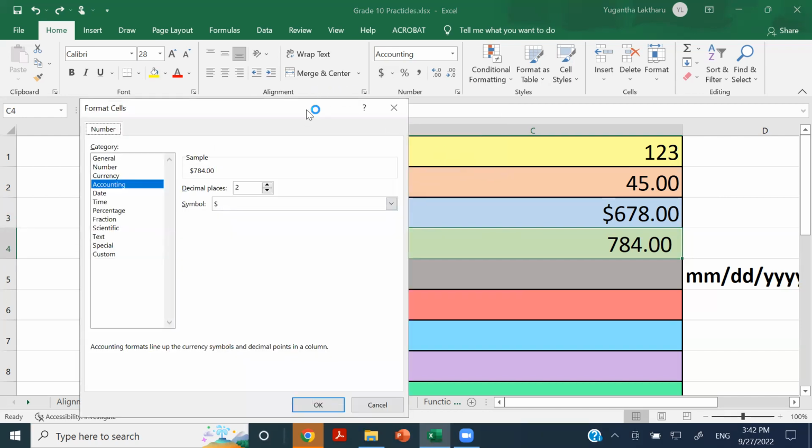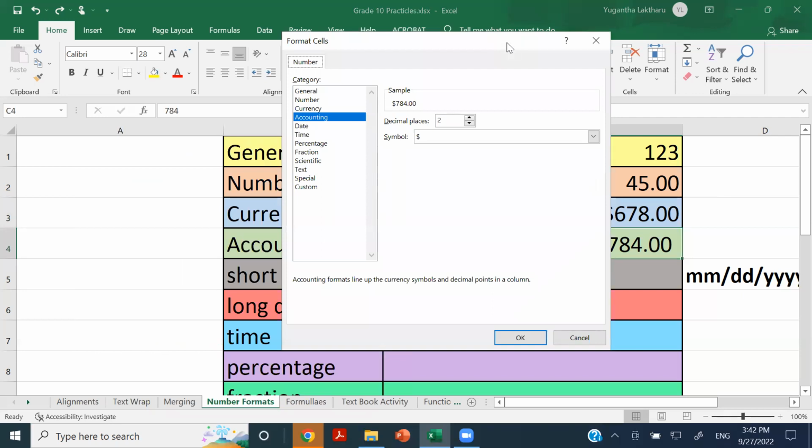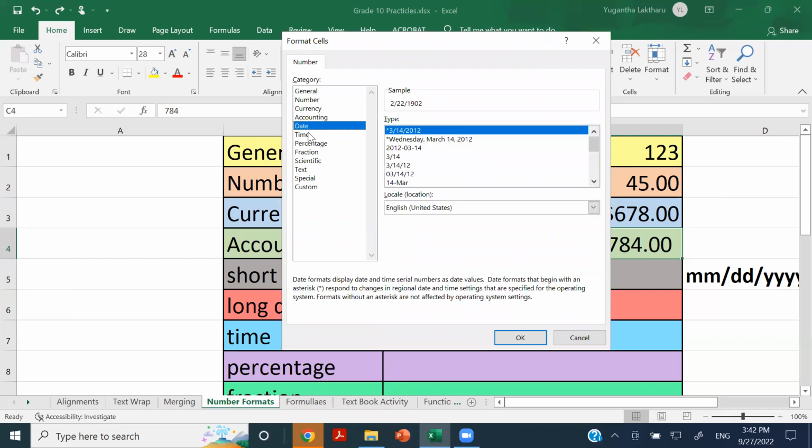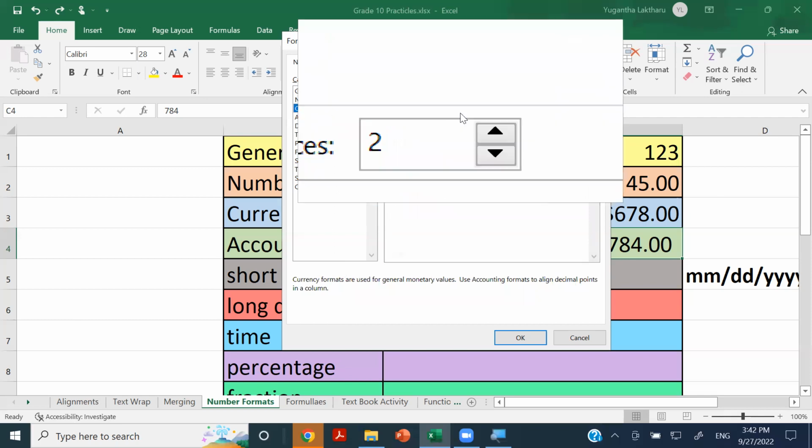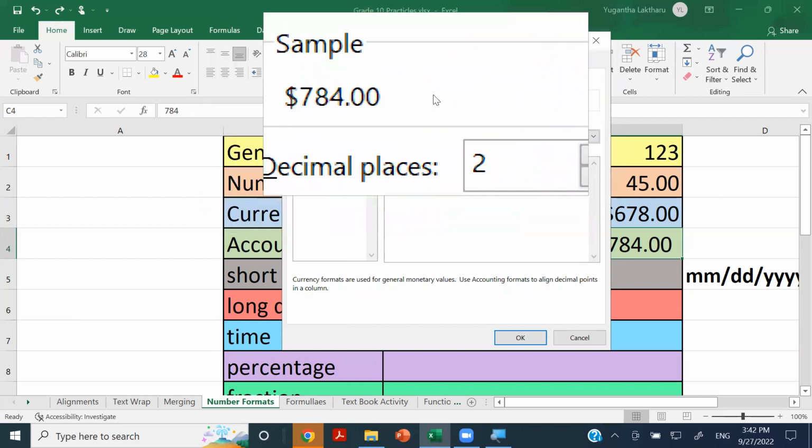And you will be given this small window. On that window, you have all the number formats that you can see. From these number formats, I have to choose currency. Then it allows me to change the decimal places as I need.